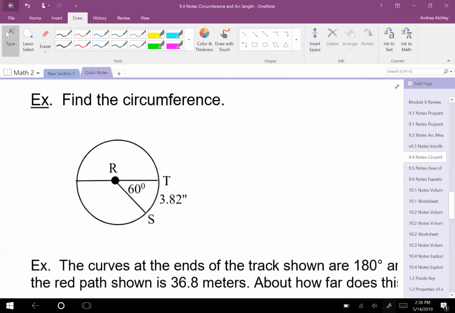Okay, this next one we're asked to find the circumference. They gave you the arc length, and now we're just looking for a different piece of our proportion. So we're going to use that same formula. The angle over 360 is equal to the arc length divided by the circumference.